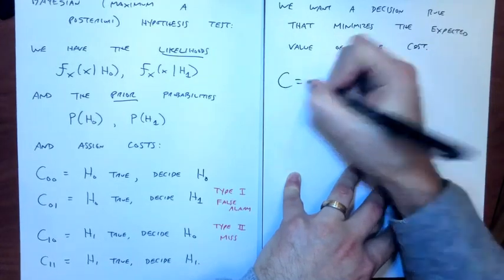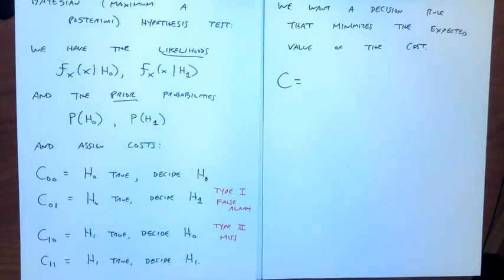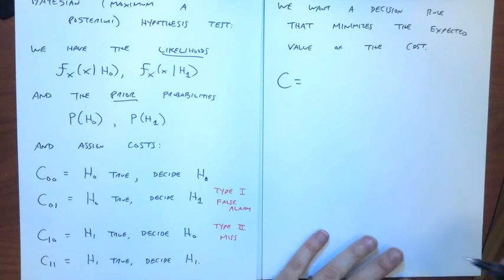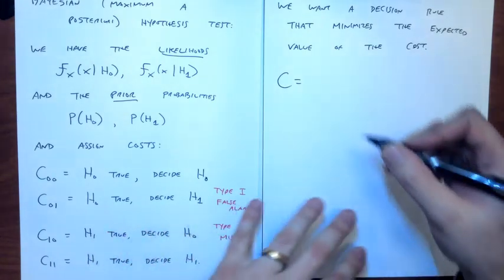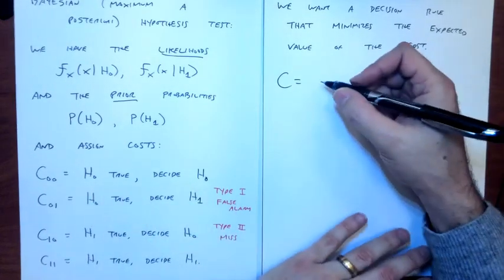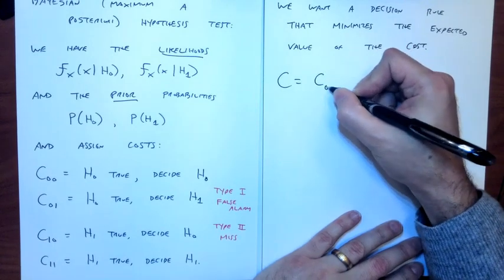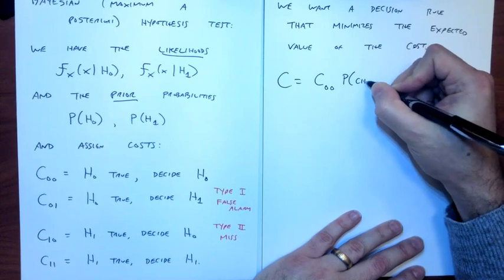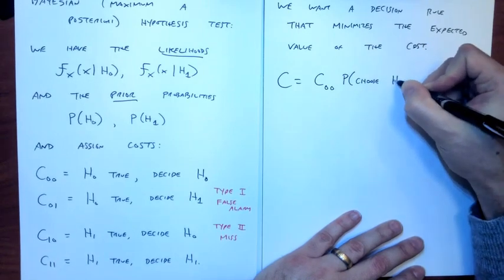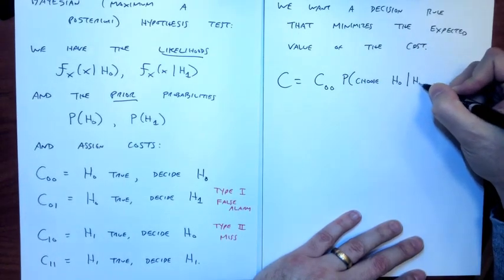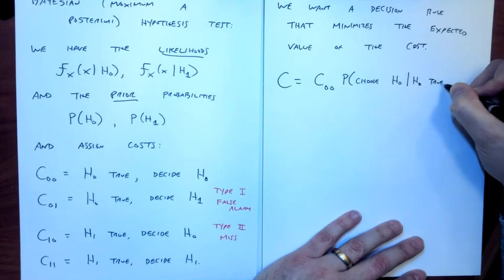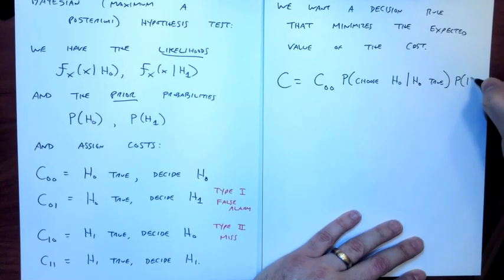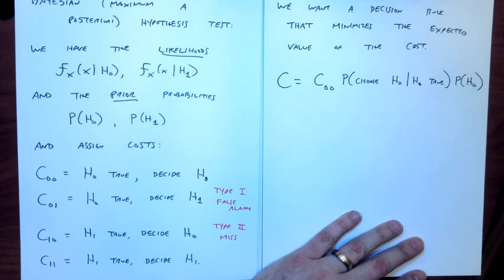And the cost is basically, again, like the law of total probability, right? It's like saying, okay, I am in the first case, right? So I say, okay, I have this cost times the probability that I choose H0 given that H0 is true times the probability that H0 is true in the first place, right?